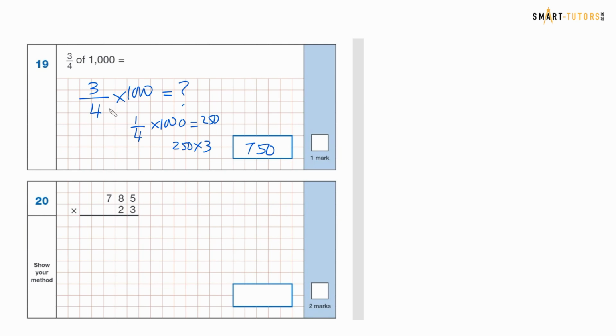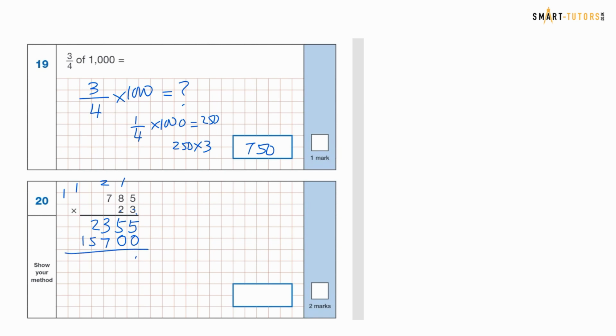785 times 23. So this is a column multiplication. So you do 5 times 3, which is 15, carry over the 1. So 8 times 3, which is 24, add the 1, which is 25, carry over the 2. So 7 times 3 is 21, add the 2, which is 23, and add the 0. And then you do 5 times 2, which is 10, carry the 1. 8 times 2 is 16, add the 1 is 17, and then 7 times 2, which is 14, add the 1, 15.